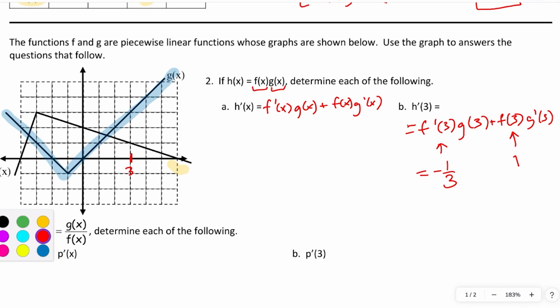So here's 3. We're looking at g here. The y value here is 3. So it's going to be negative 1/3 times 3 plus 1 times the slope, which we can see is up 1 over 1. So that's just going to be 1. So negative 1/3 times 3 is going to be negative 1. Plus 1 times 1 is 1. This just equals 0.